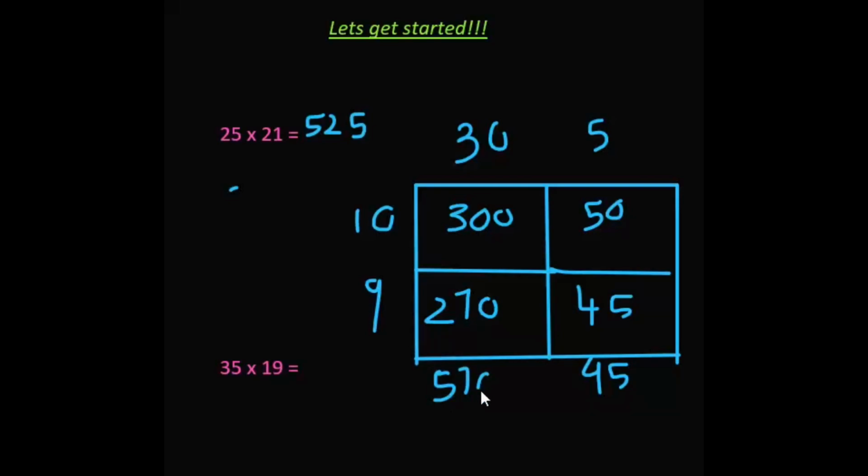Now let's do 570 plus 95. 5 plus 0 equals 5. 7 plus 9 equals 16. 1 plus 5 equals 6. 665 is our answer. Perfect. Now that we finished the first page, let's do some more.